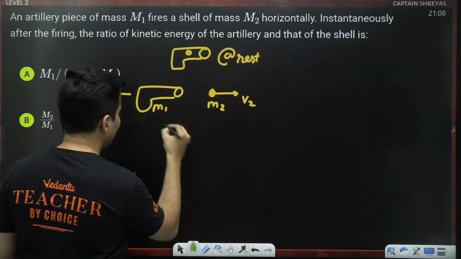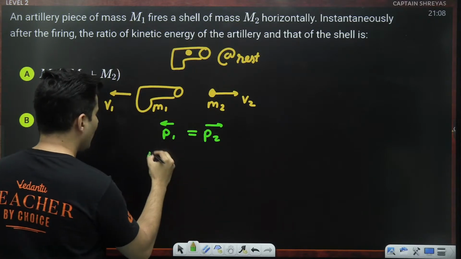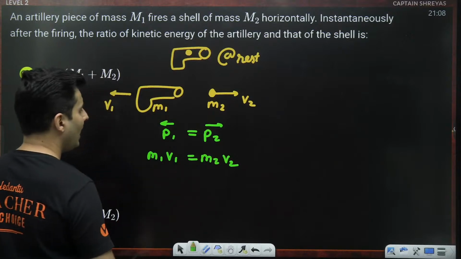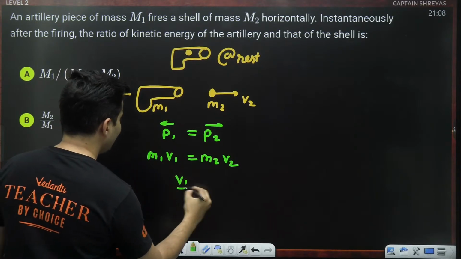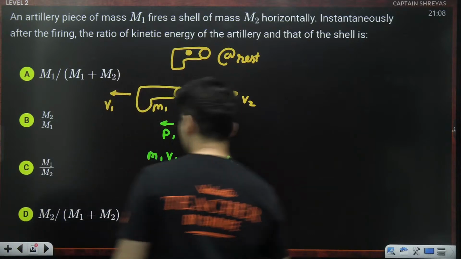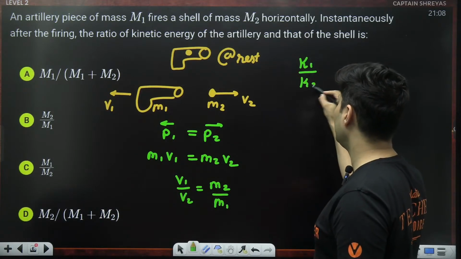Since momentum of this guy left and momentum of this guy right should be equal, m1 v1 will be equal to m2 v2, and again I can say v1 by v2 is basically m2 by m1. Here you have been asked the ratio of the kinetic energy of 1 by kinetic energy of 2.